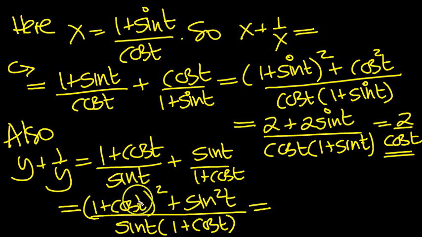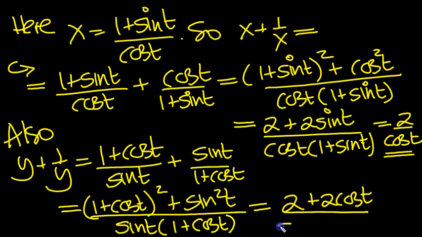And when we expand this bracket, we've got a cos squared plus a sine squared, which is also 1. So they'll add to 2. The middle term is all that's left, and we'll get 2 cos t, won't we? Underneath, we've got a sine t and then a bracket 1 plus cos t. Take the 2 outside, the 1 plus cos t's cancel, and we'll be left with 2 over sine t.